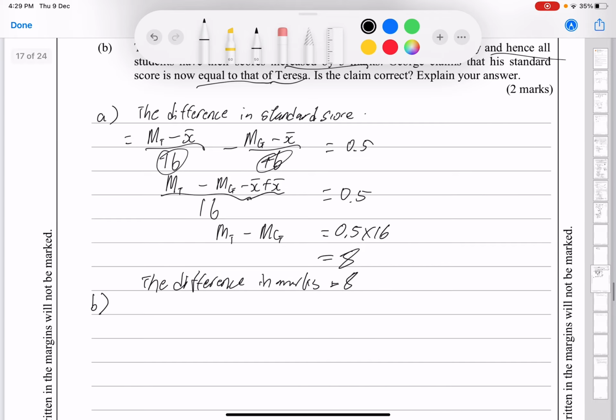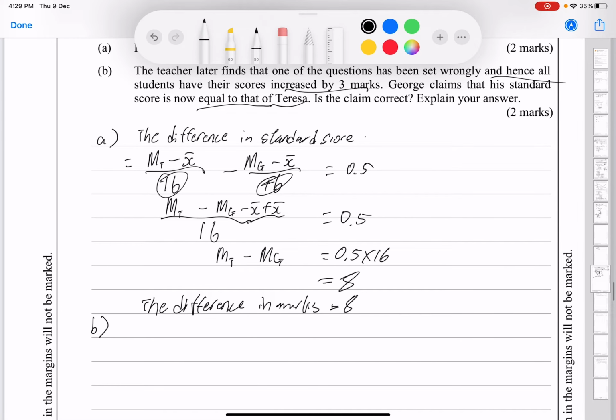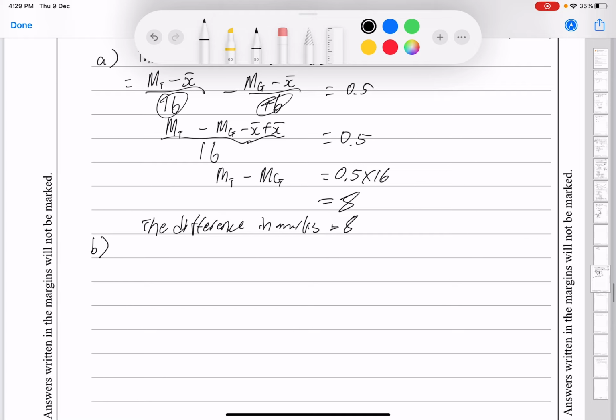So, for this question, we need to know that both marks of Teresa and marks of George have been increased by 3. We also need to know that the mean is increased by 3 as well. And also standard deviation remains unchanged, which is still 16.